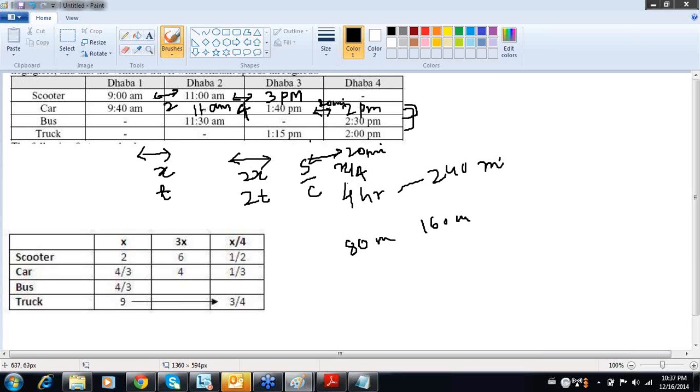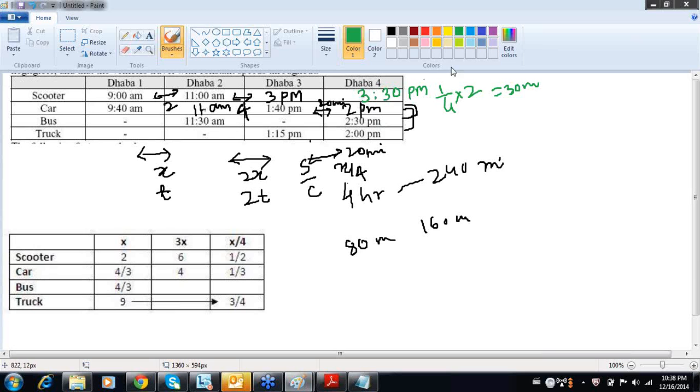This distance is x by 4. So it takes 2 hours here, it takes 4 hours here. So how much time will it take here? 1 by 4 of 2 hours, that means it will take 30 minutes. That means here it will reach at 3:30 p.m.